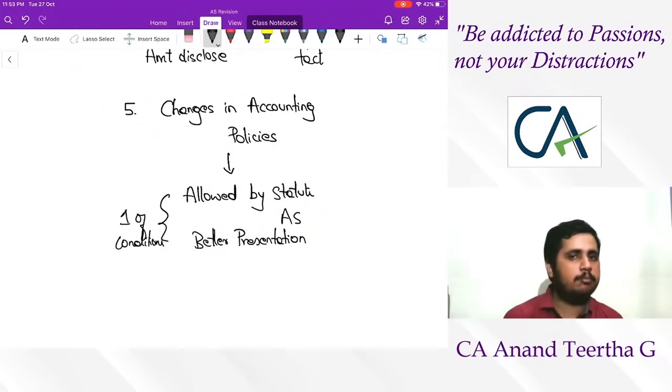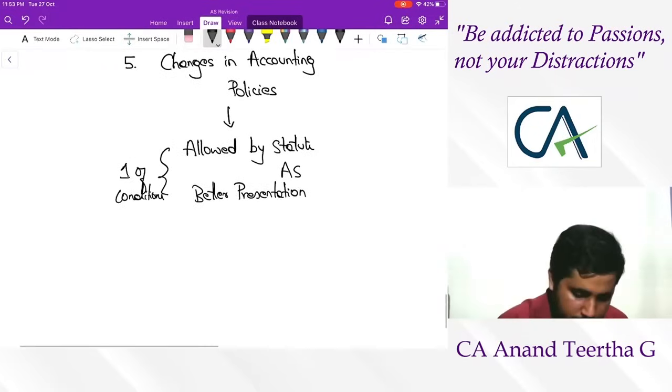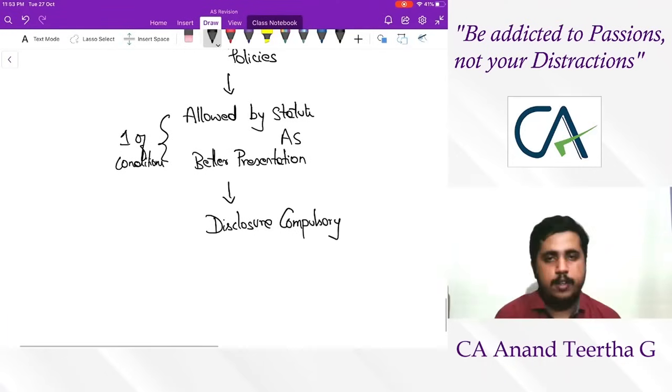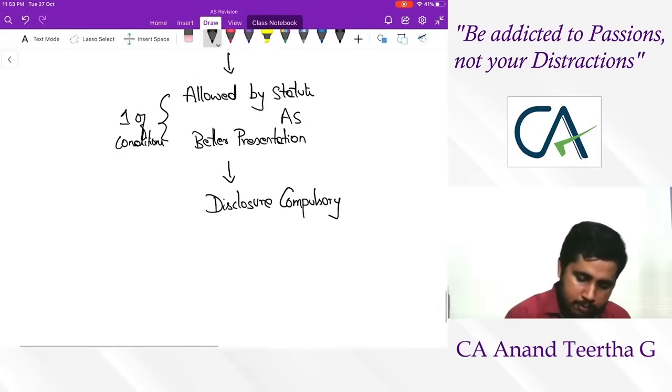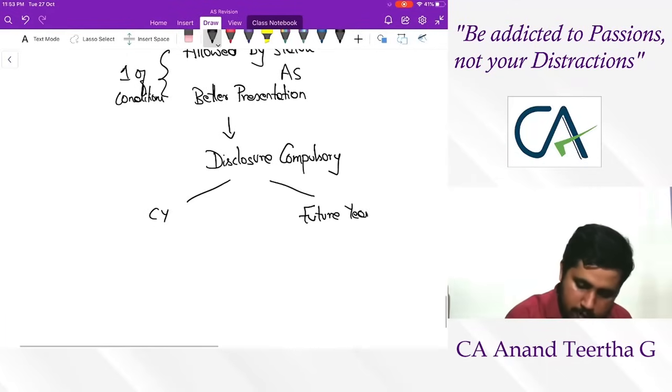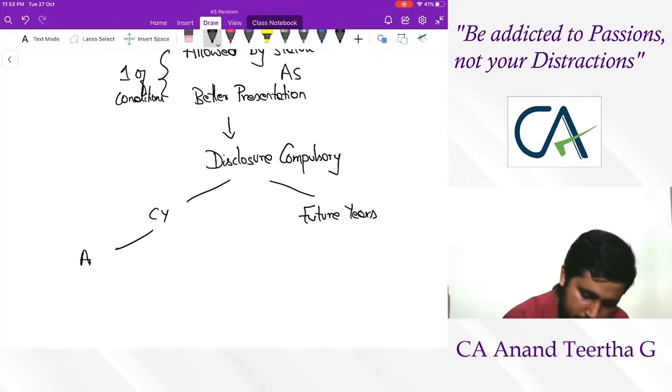Once a change comes into effect, when it comes to change in accounting policy, at that time disclosure is compulsory. Now, what type of disclosure should come? Number 1, current year. Number 2, future years. Same as accounting estimate only. Current year, amount derived, amount not derived.